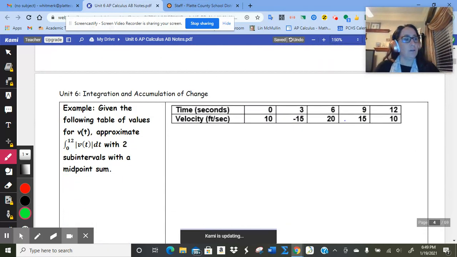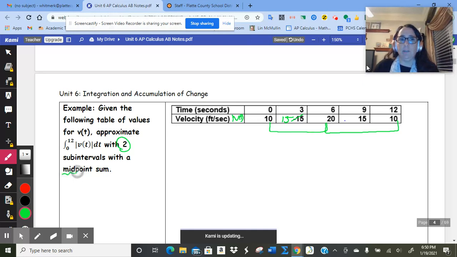Okay, so this one's a little bit different. This is saying I want the absolute value. So I'm going to go ahead and just take the absolute value, and that's the only one that I have to switch. And then it only wants now 2 subintervals, so I need to break this into 2 subintervals.